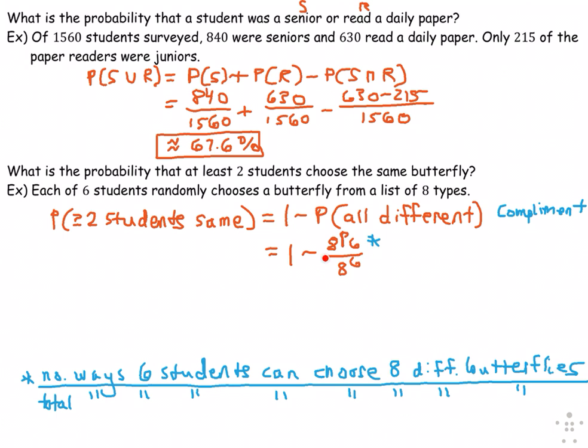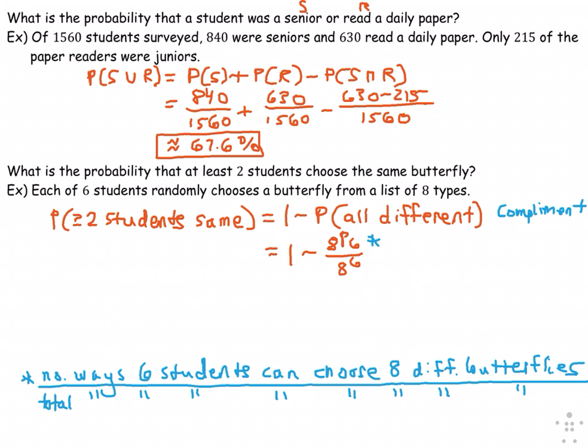It's a permutation, first of all, because objects may not be repeated. You can't choose the same butterfly. So therefore, the first student has 8 choices. The second student, 1 fewer, or 7 choices. All the way down, and so that is going to be represented by 8 pick 6.